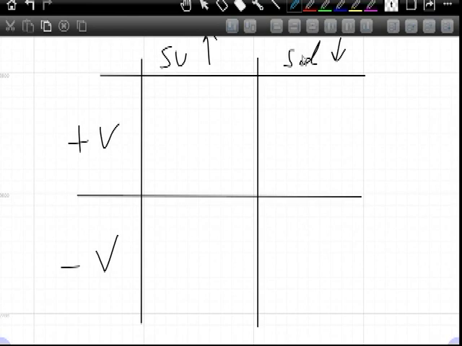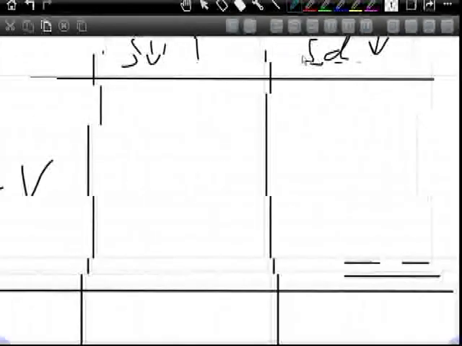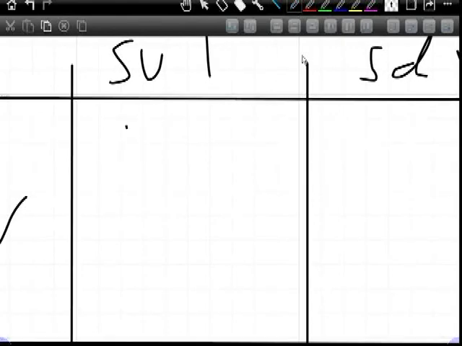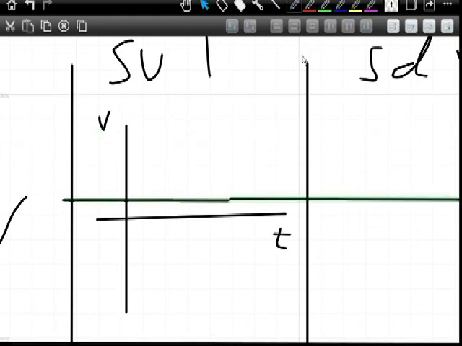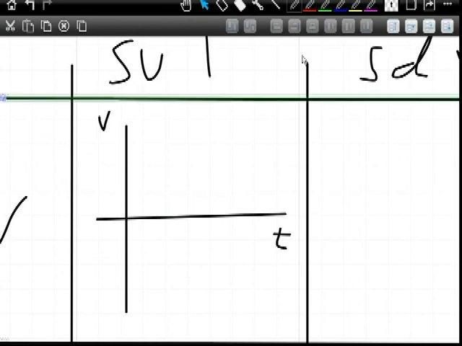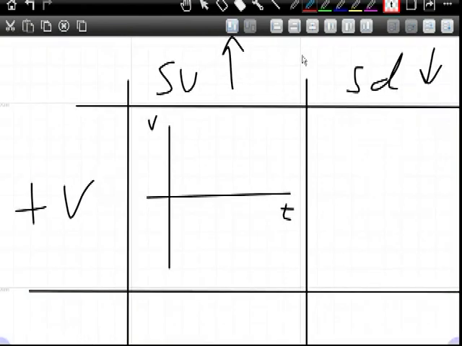So if I had a positive velocity, in each of these boxes we're going to attempt to sketch very quickly a v versus t graph. If I'm speeding up with a positive velocity, how would this v versus t graph look?